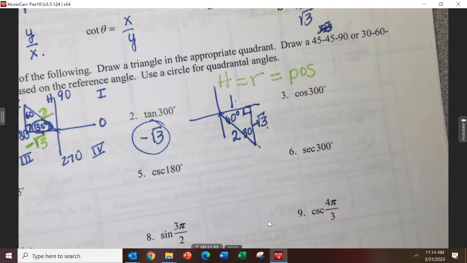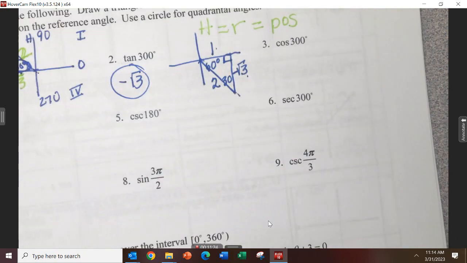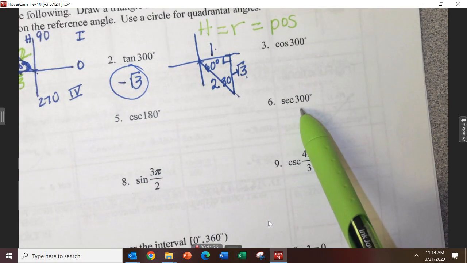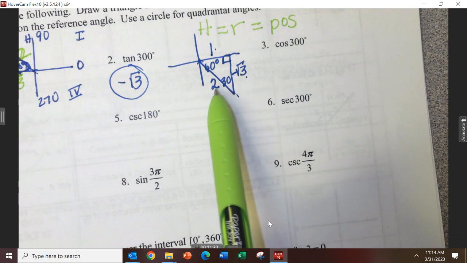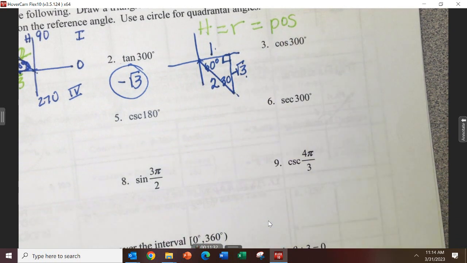All right. Do we have other 300-degree angles? So I want you guys to do 3 and 6 on your own. Use the same triangle. You don't need a new triangle because we already have it. Try 3 and 6.